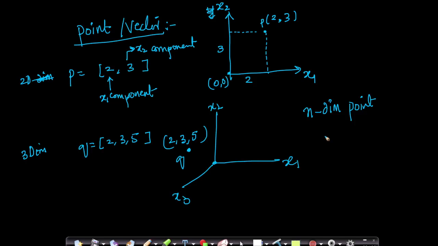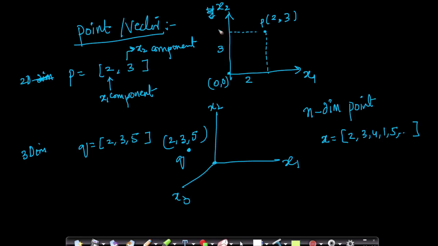So given any point x, I can represent it in n dimensions with n components, right? I could have 2, 3, 4, 1, 5, and so on and so forth. If I have n values here, it will represent an n-dimensional point in an n-dimensional space.